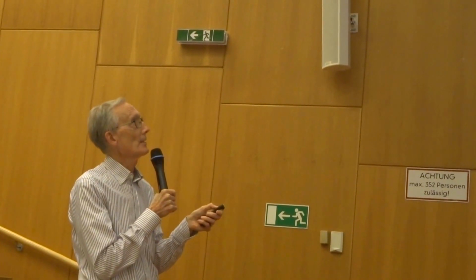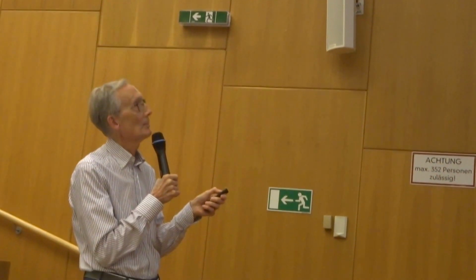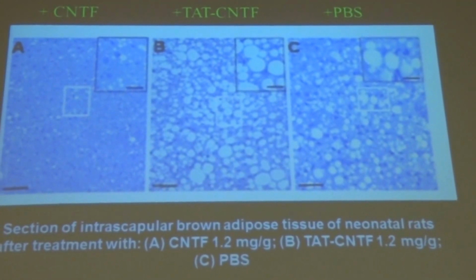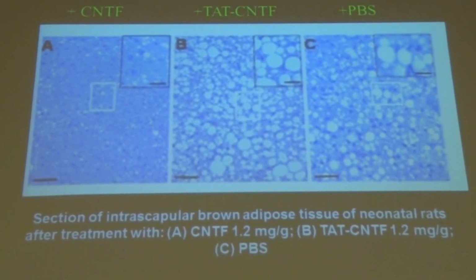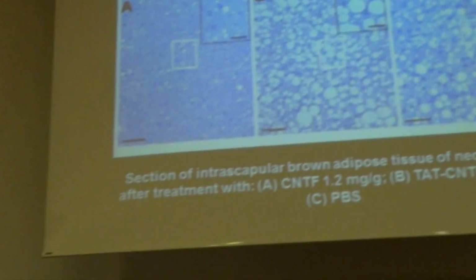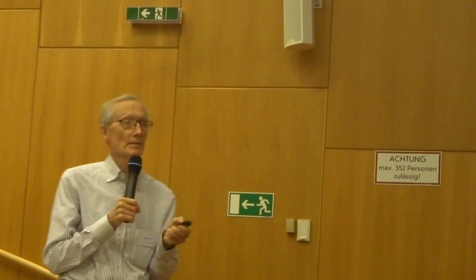So we've lost an effect. We retain biological activity, but lost the effect on weight by making a fusion protein. The other thing you don't see is that the CNTF induces fat mobilization in adipose tissue, unlike the TAT-CNTF, which is also desirable. So by using the fusion protein, we have gotten around these adverse effects of the CNTF.